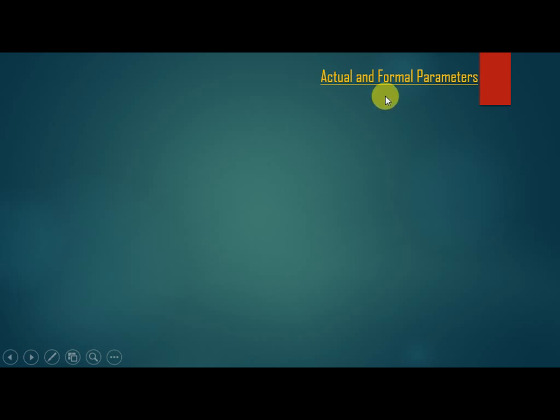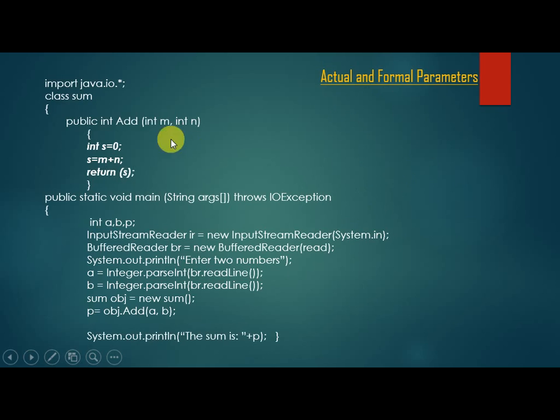Now next, actual and formal parameters. Let's see the coding. Same code we have over here. In the add function we have int m and int n, and when we are invoking the function, we have a and b. So these m and n are called formal parameters, and these a and b are called actual parameters.